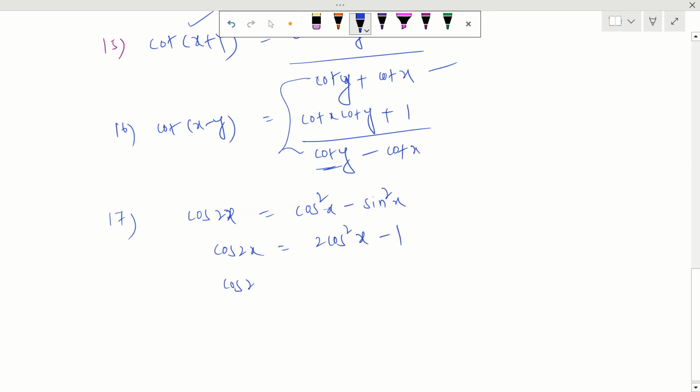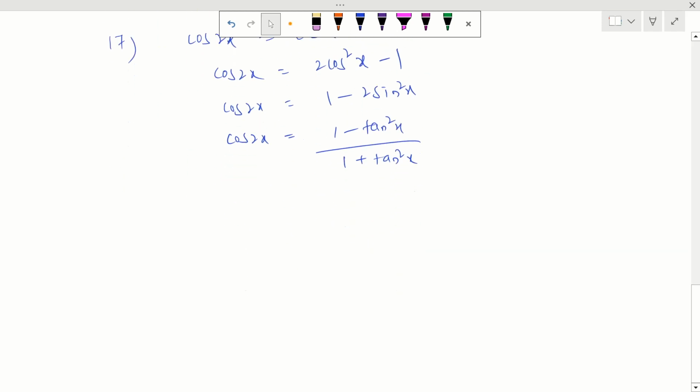And also cos 2x is 1 minus 2 sin square x. And cos 2x we have also written in terms of tan: 1 minus tan square x divided by 1 plus tan square x. Is it right? You just check.